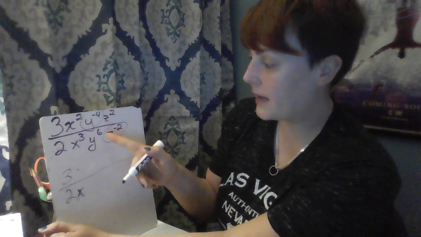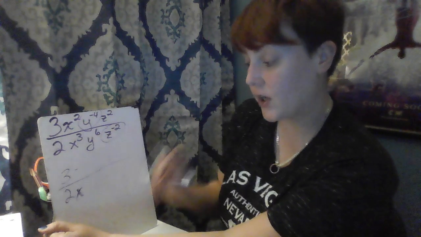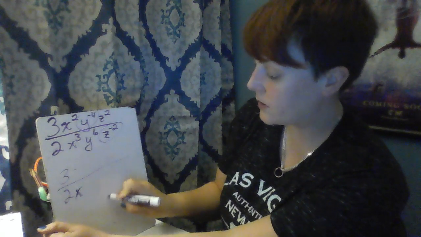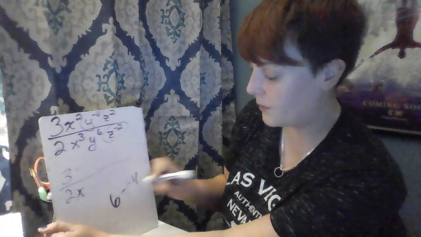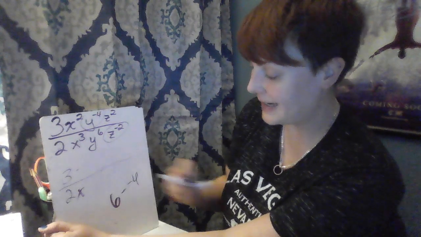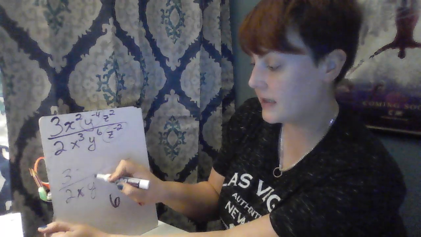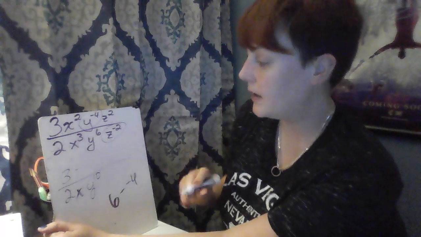Then here I've got my y to the 6th and y to the -4th. Now because 6 is bigger than -4, I could go 6 minus -4, just like up here I did 3 minus 2, and now I'm doing 6 minus -4 and leave that on the bottom. And we would have y to the positive 10th, because minus negative, again, means add.